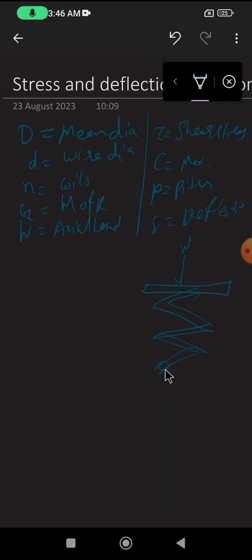Suppose it is having diameter capital D and load is W. Now if we consider the part of the compression spring here, the load W tends to rotate the wire due to twisting moment set up in the wire.